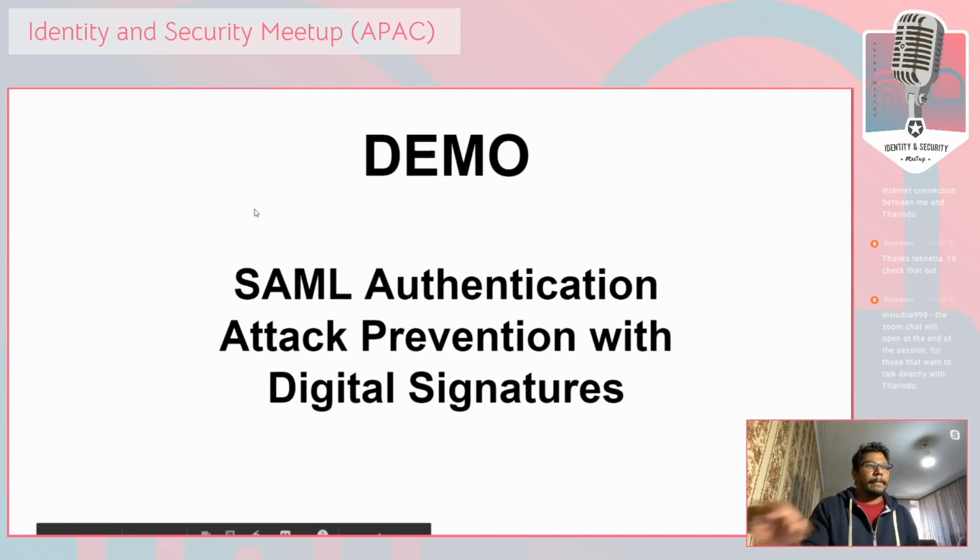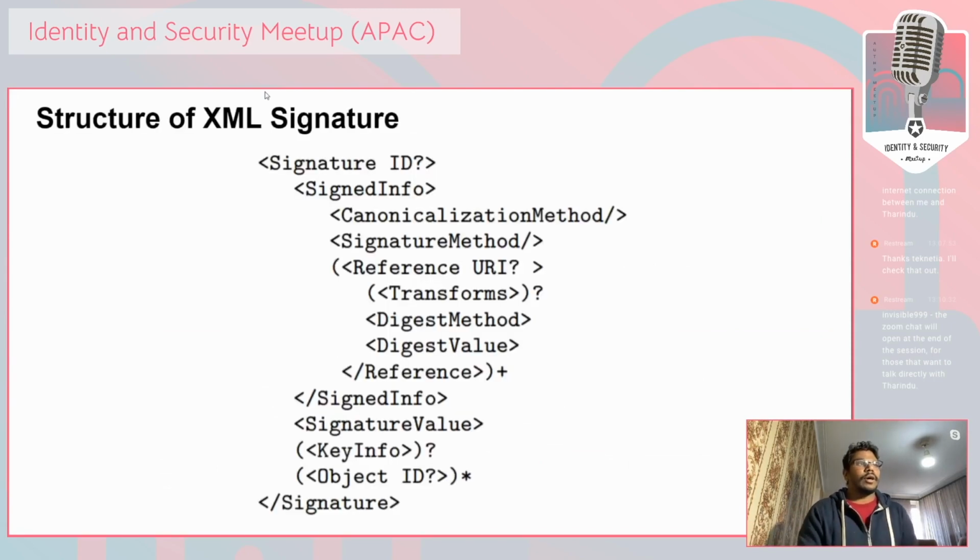Now, if you take a look at the structure of the signature part of the SAML message, this is common for any XML message. When you sign it, you generate a signature for any XML content. This will be the signature generated. It will have some ID and some information. I'll explain some of these later.